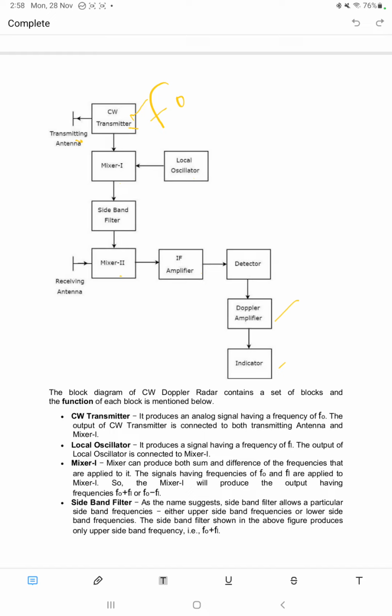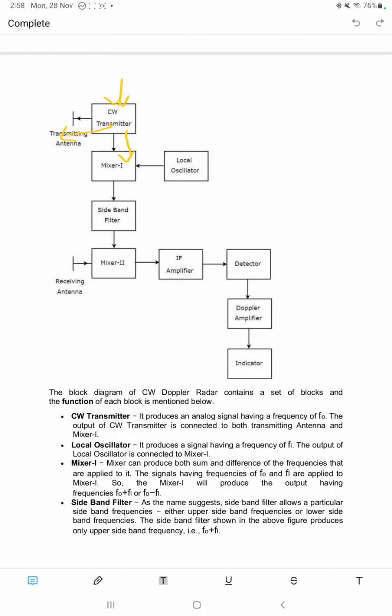The output of the continuous wave transmitter is connected to both the transmitting antenna as well as the mixer.